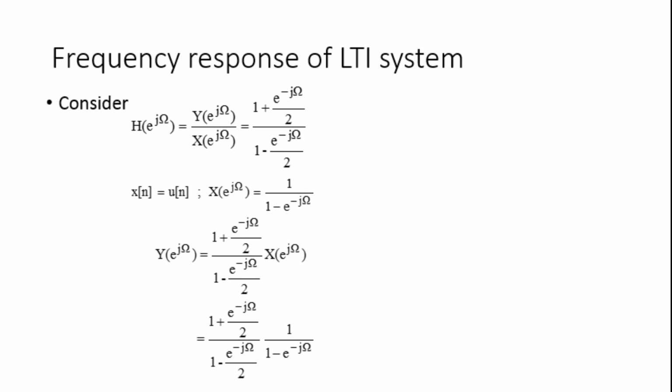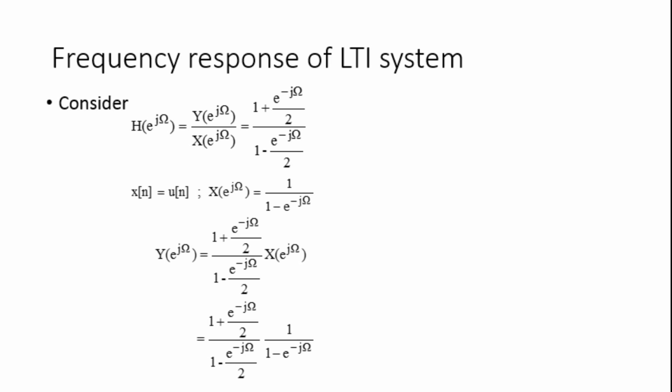It is given x of n is equal to u of n, then X of e power j omega is equal to 1 divided by 1 minus e power minus j omega, and Y of e power j omega is equal to 1 plus e power minus j omega divided by 2 divided by 1 minus e power minus j omega by 2 into X of e power j omega.